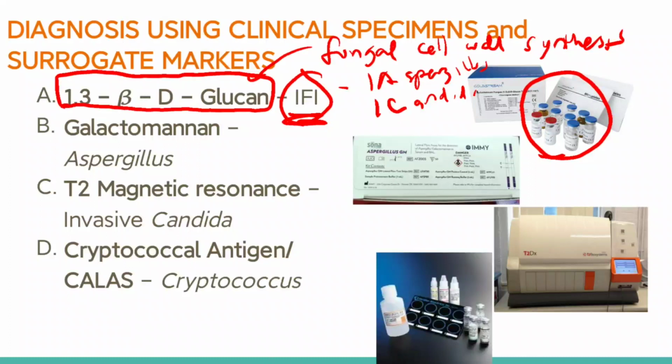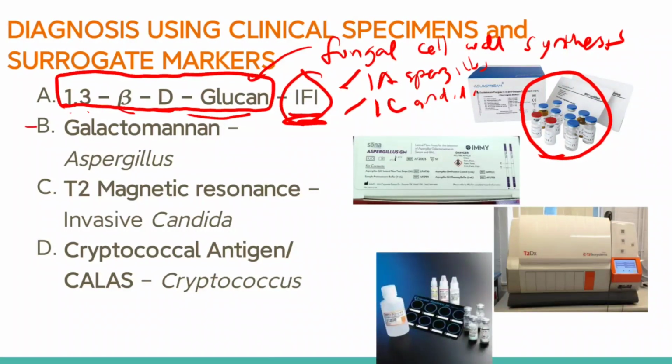So instead of mga simple latex agglutination na puti lang, magre-react siya on a different color, kumbaga. Okay, so depende kung anong klaseng invasive fungal infection meron ang pasyente mo. Okay, tandaan nyo, 1,3-beta-D-glucan, this is for your fungal cell wall synthesis.